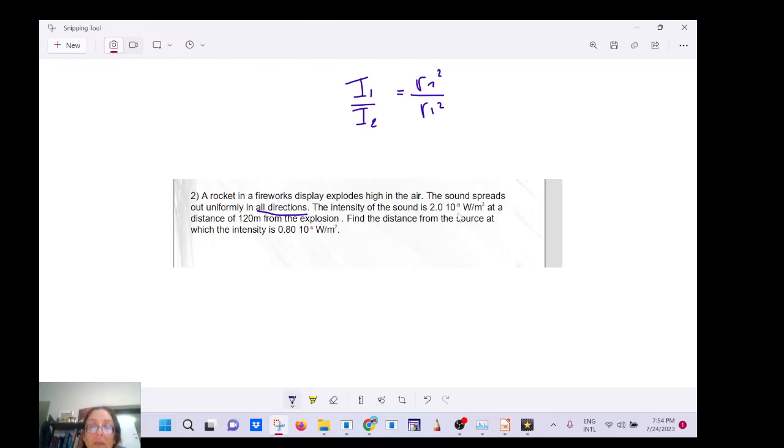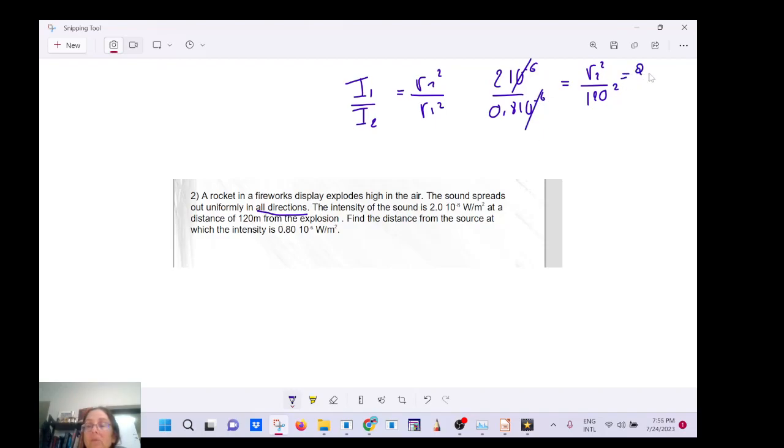So I1 is given, 2 times 10 to the negative 6, over I2, which is also given, 0.8 times 10 to the negative 6. So that's going to equal R2 squared, which is not given, over the distance R1, which is 120 squared.